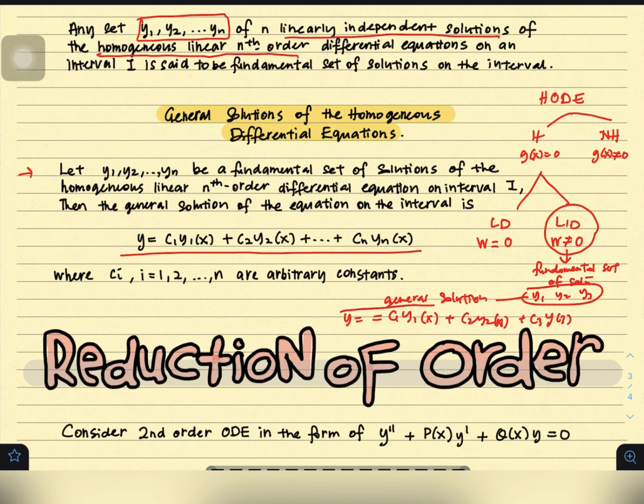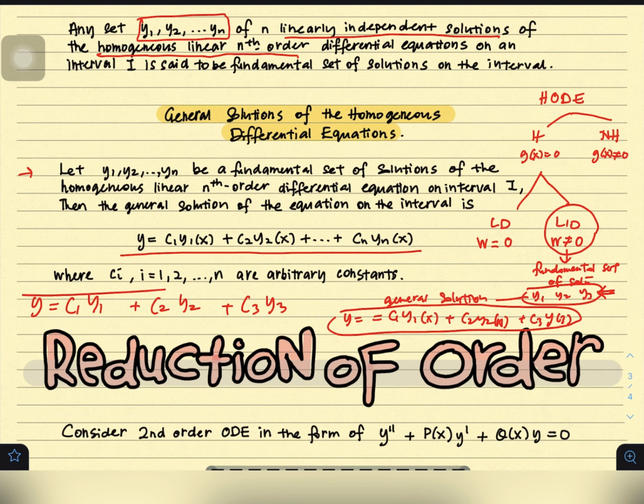Ini adalah superposition principle yang kita belajar sebelum ni. Maksudnya, ketiga-tiga solution yang linearly independent ni kita boleh gabungkan dia. Okay, kita boleh gabungkan dia Y1 tambah Y2 tambah Y3 dan setiap solution ini boleh didarabkan dengan any constant C1, C2 dan C3.